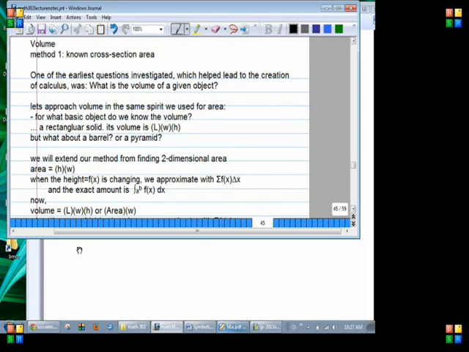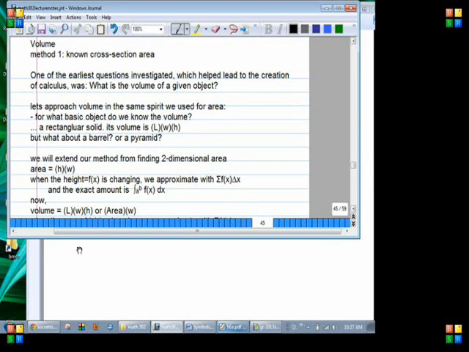Does everyone believe that? We don't often see volume formulas in this form, but if you think about it for 1 second, this is pretty straightforward, because the length times the height is just the area of one side, and then times the height.